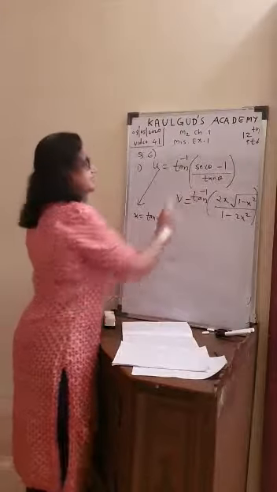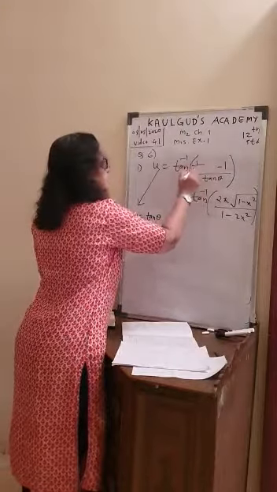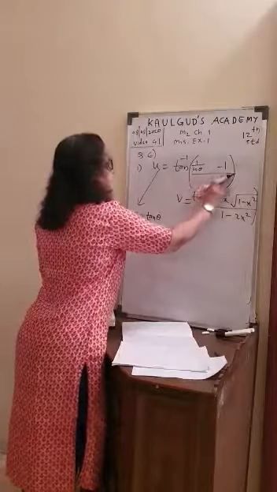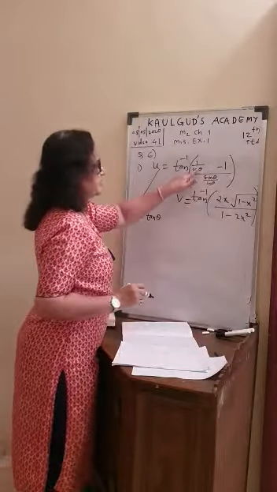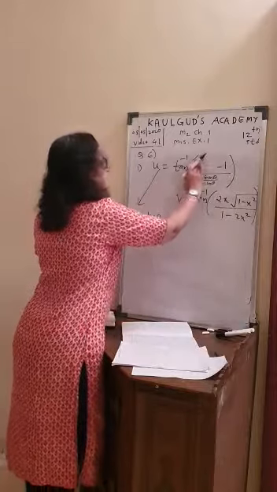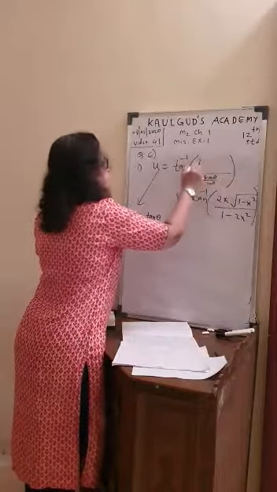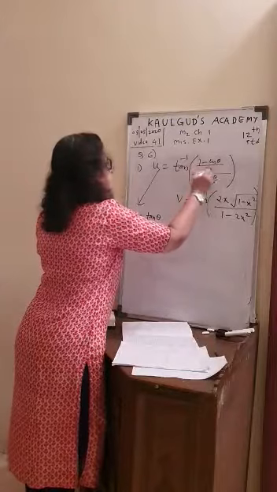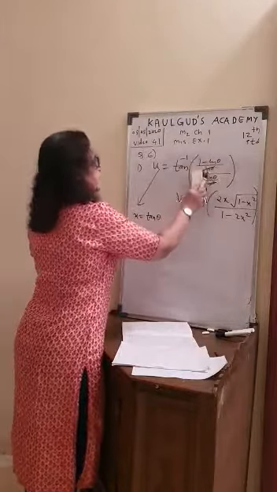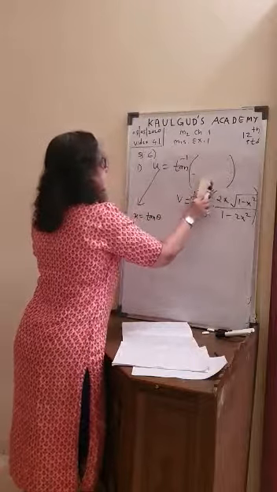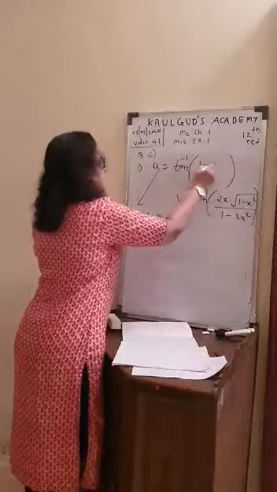Convert to sine and cos. Sec theta is 1 upon cos theta, and tan theta is sin theta upon cos theta. Here LCM cos, cross multiply. So 1 minus cos theta upon cos theta. So that cos theta is gone. So 1 minus cos upon sine. You get tan inverse of (1 minus cos theta) upon sine theta.